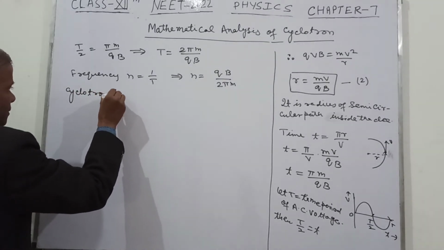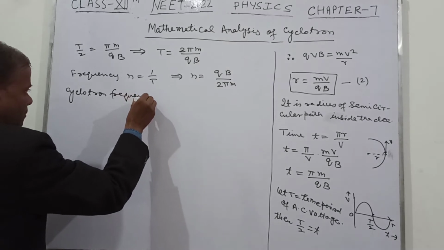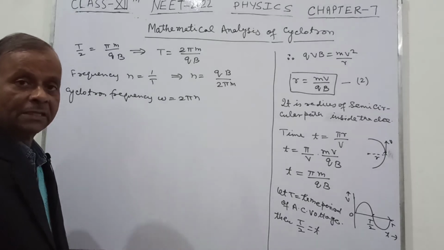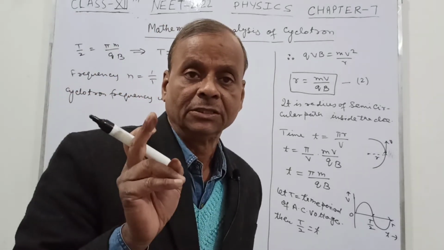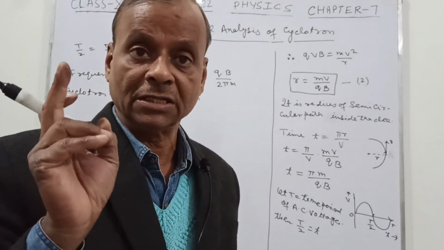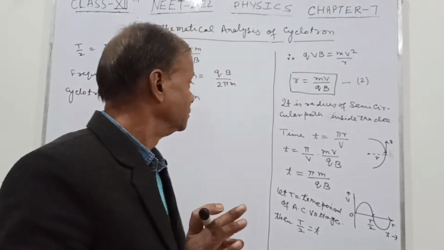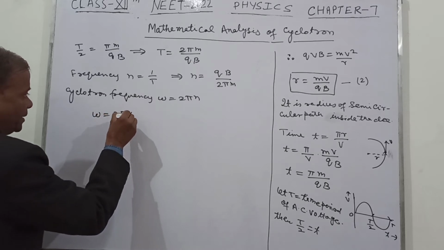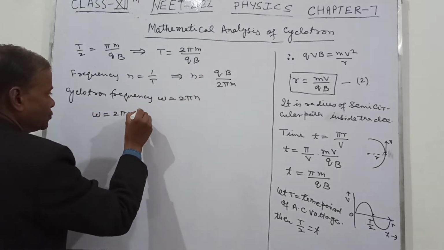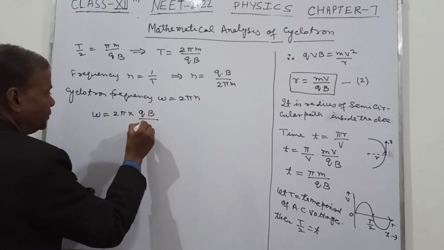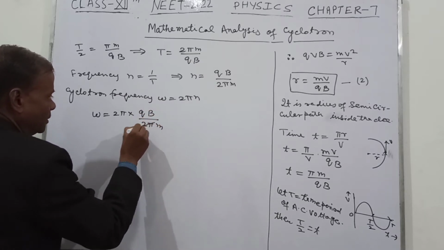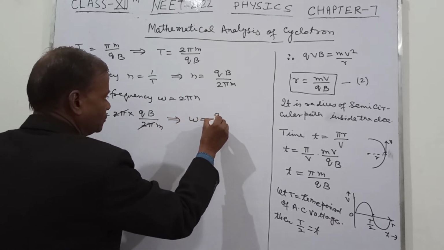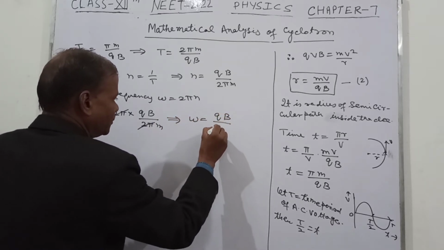The angular frequency omega is called the cyclotron frequency. So omega equal to 2 pi into n, and n is QB upon 2 pi m. Now 2 pi will cancel. So omega equal to QB upon m.